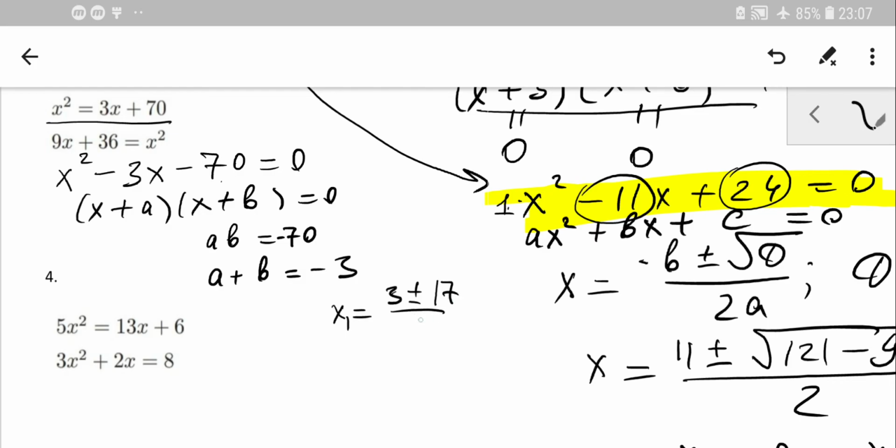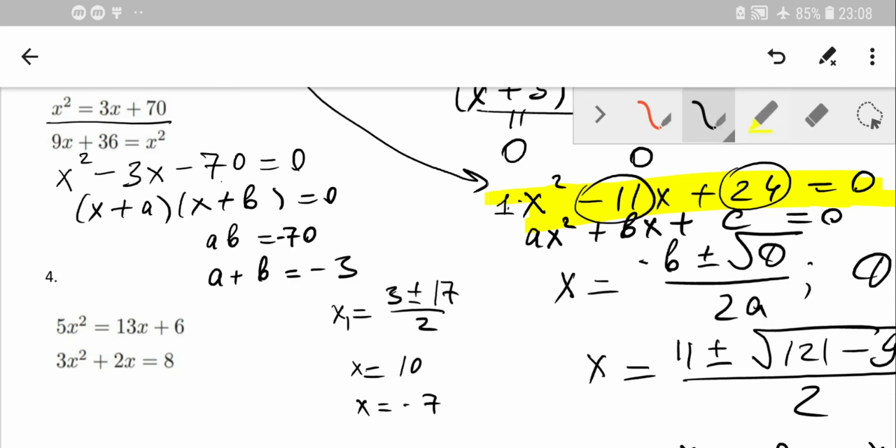So I got this, and from there I can have 3 plus 17 over 2, which is 10, and x2 is 3 minus 17 over 2, which is minus 7. So it looks like we have the following: x minus 10 and x plus 7. And indeed, if we factorize, we'll get the right answer.